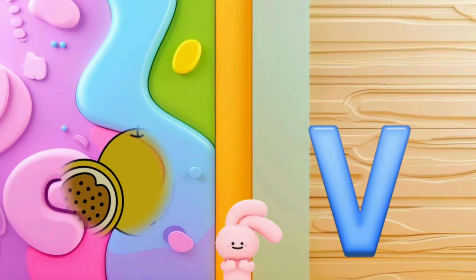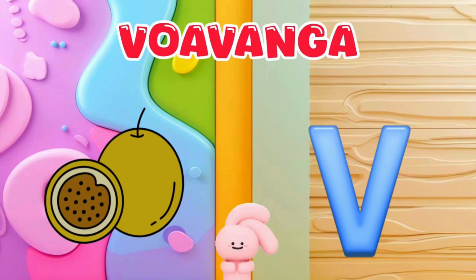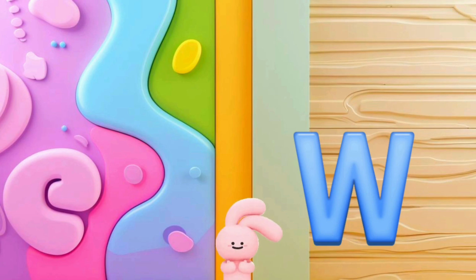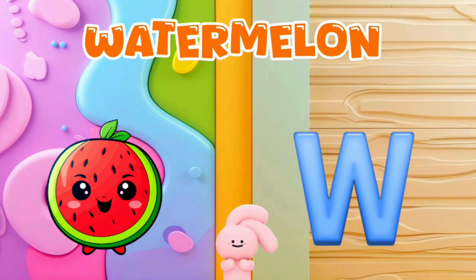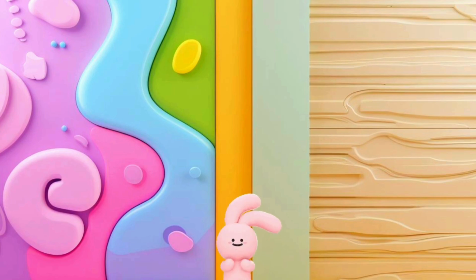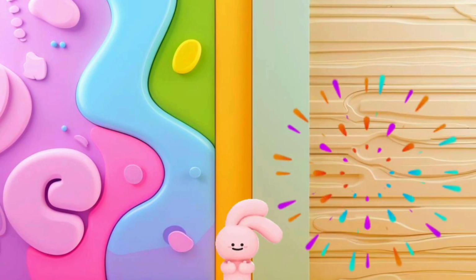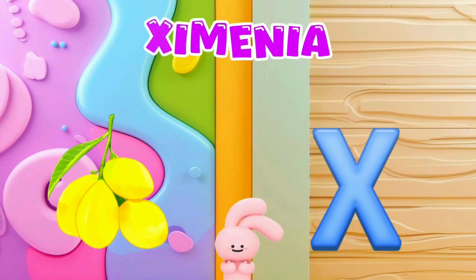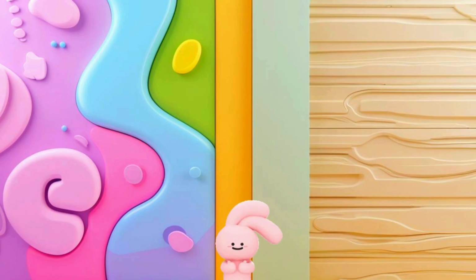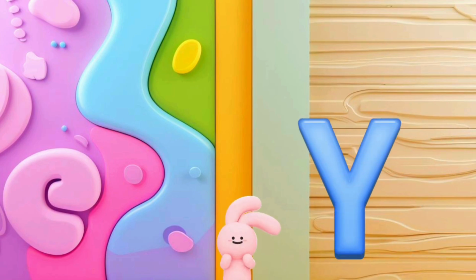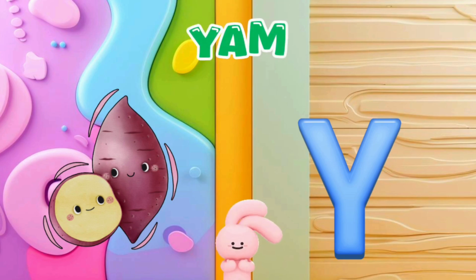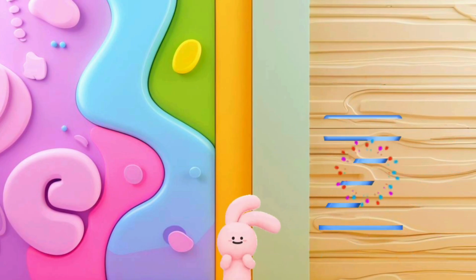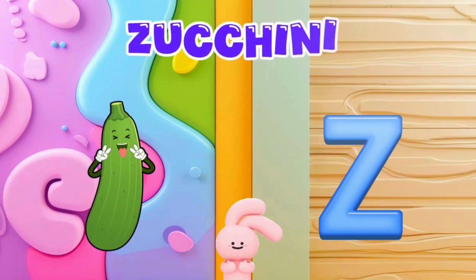V is for Volvenga. W is for watermelon. X is for Ximenia. Y is for yam. Z is for zucchini.